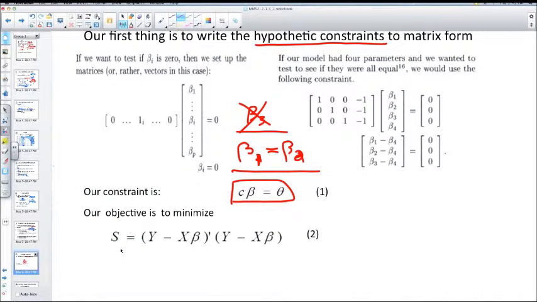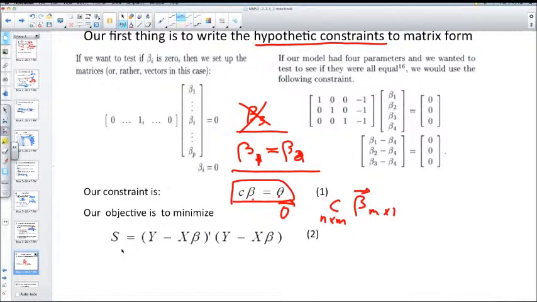So in this idea, the assumption you make, you write into a matrix equation, which is simply this. Actually, C is a matrix, beta is an n by 1 vector, and C is an n by m matrix, equal to theta, which could be just the 0 vector, anything you want.